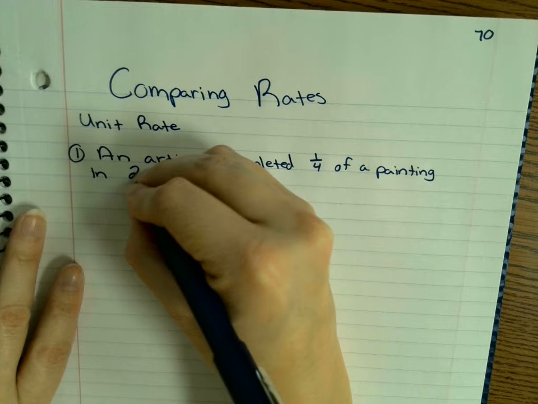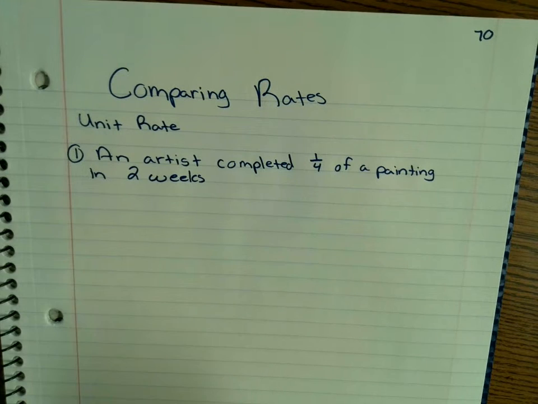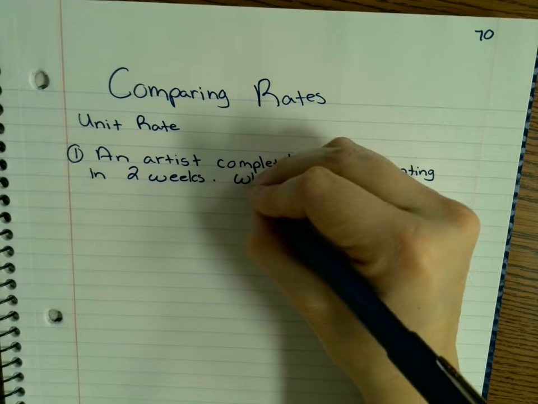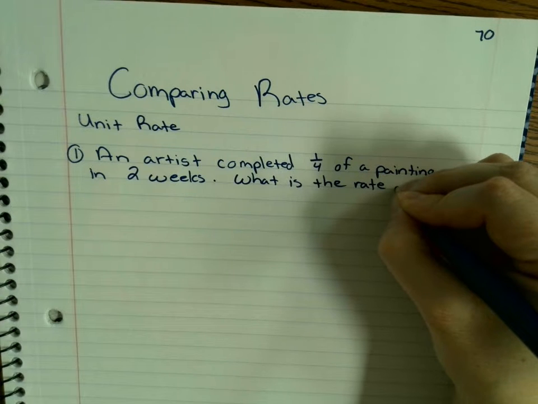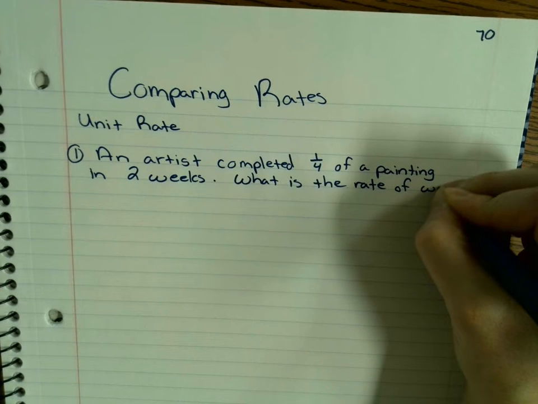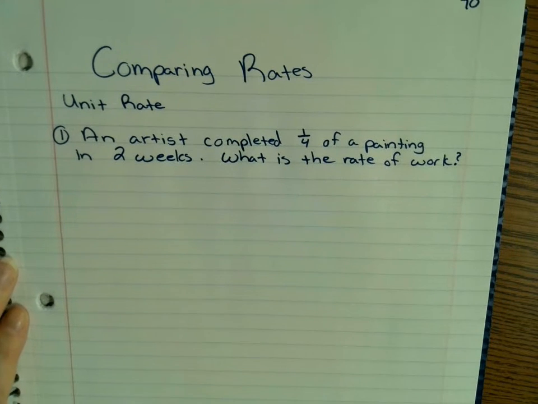So it took her 2 weeks to complete 1/4 of the painting. I want to know, what is the rate that she's working at? Rate is another way of saying speed, like how fast is she completing this piece.